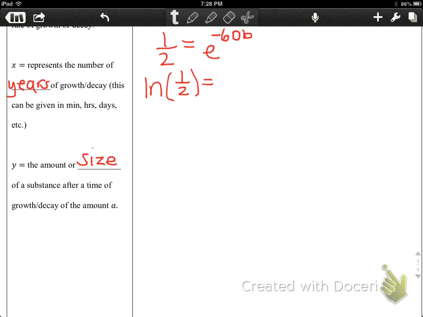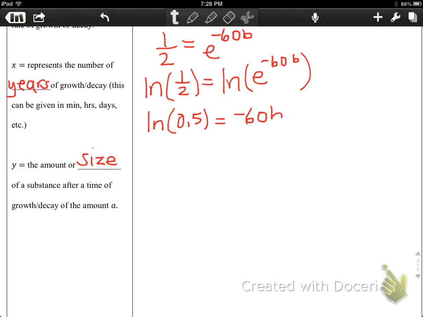And since 1/2 is exactly 0.5, you can actually use 0.5 instead if you want to work with decimals. And so we'll have natural log of 0.5 equals negative 60b, and then those are inverses of each other, so that just becomes a 1. And then we divide both sides by negative 60.